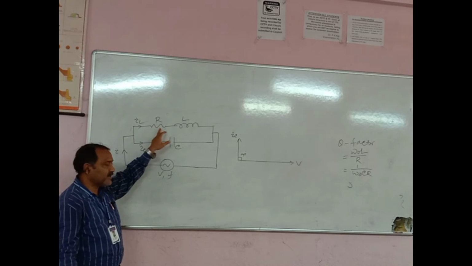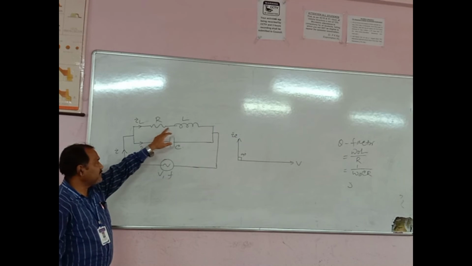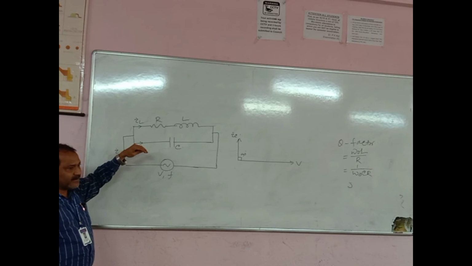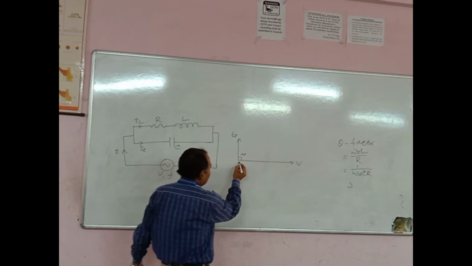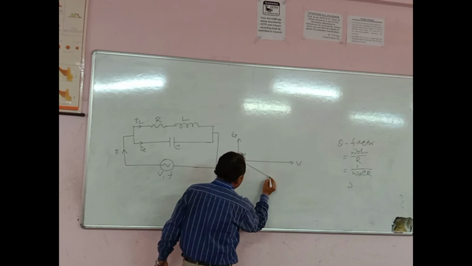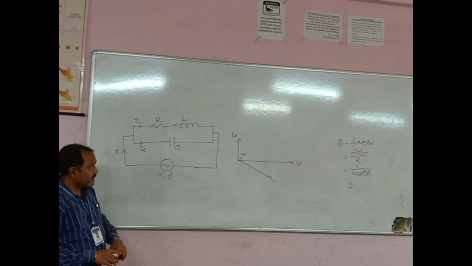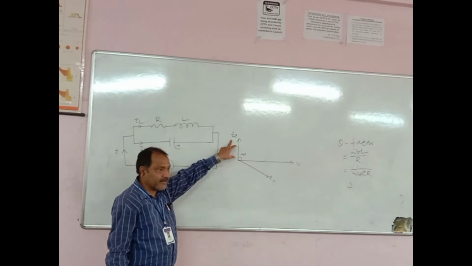This branch consists of a resistance as well as an inductance. So as this is an RL circuit, the current will lag the voltage, but not exactly 90 degrees, somewhat less than 90 degrees. So this is IL. Now if we add these two currents, IL and IC, that will give you the total current I.